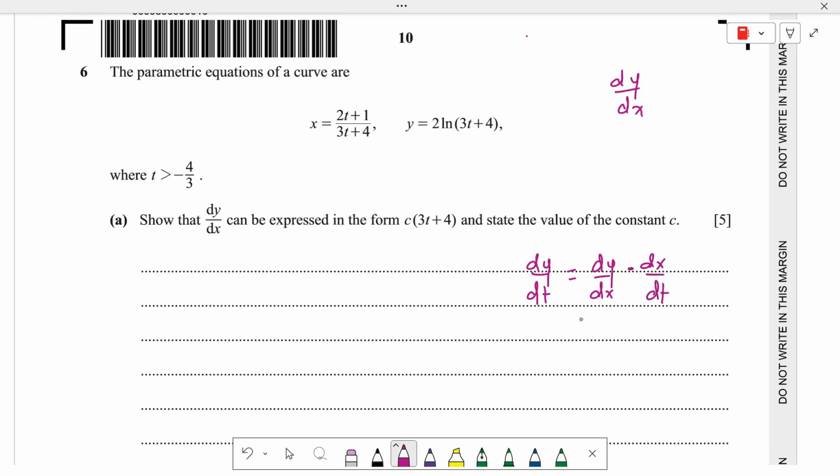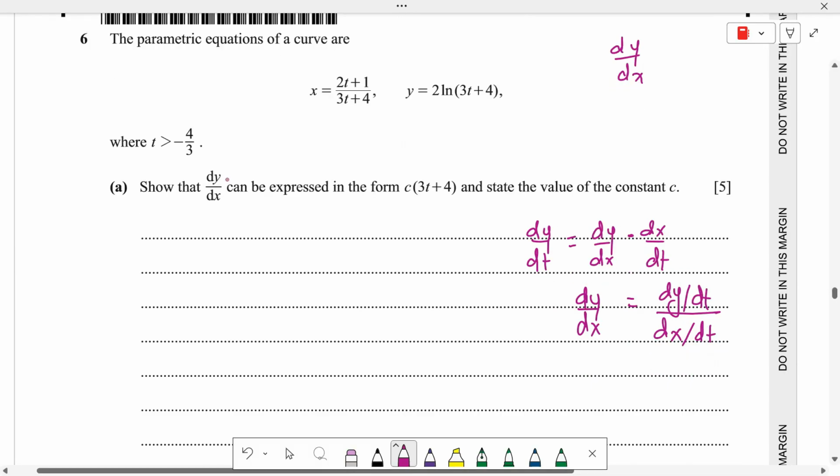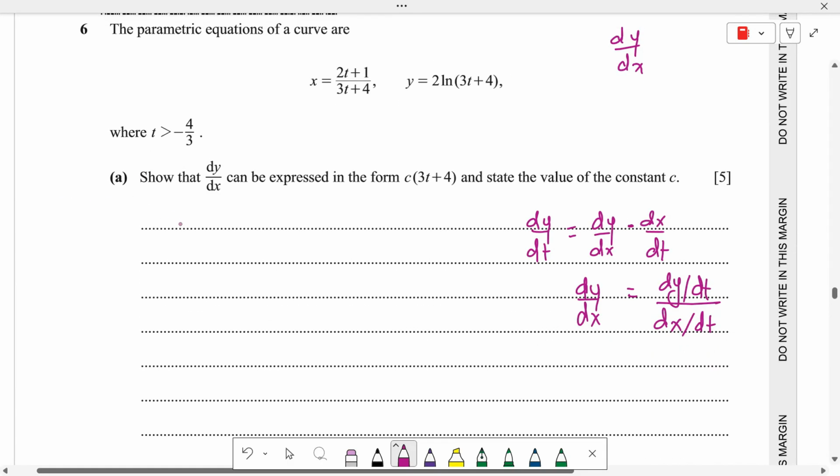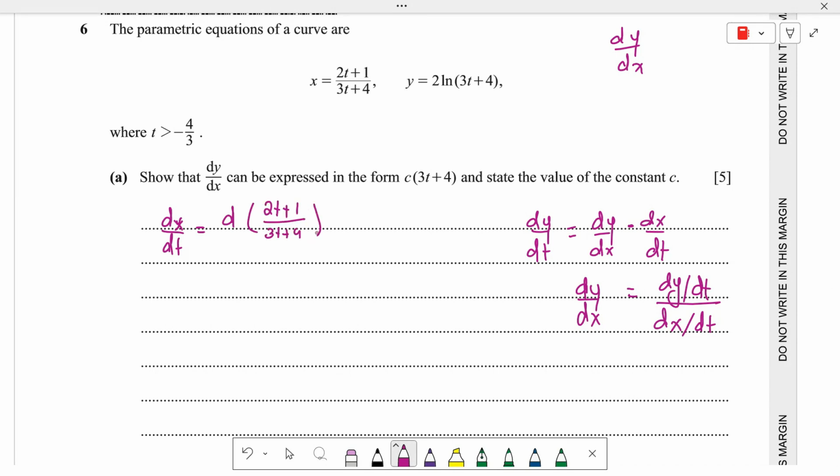To find dy/dx, we need to find dy/dt and dx/dt. And first we find dx/dt.